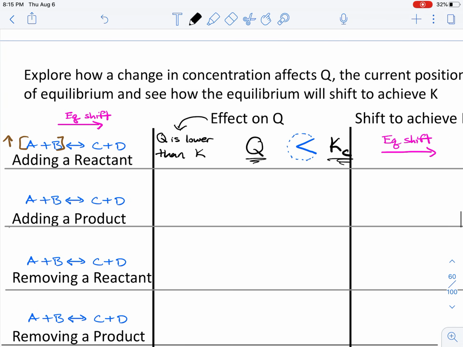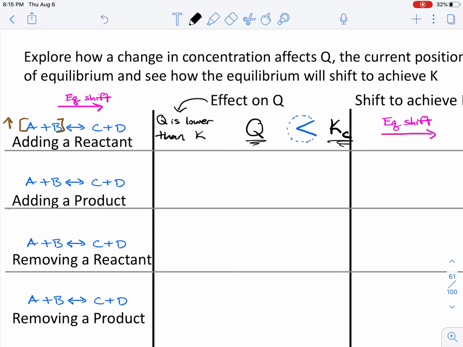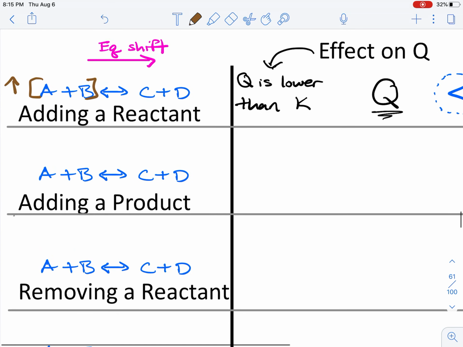Okay, and so let's look at our next example. Here we're adding a product. If we're adding a product, that means we are going to increase the concentration of the product. It doesn't matter which product we're increasing, so I'm just going to bracket both of them.